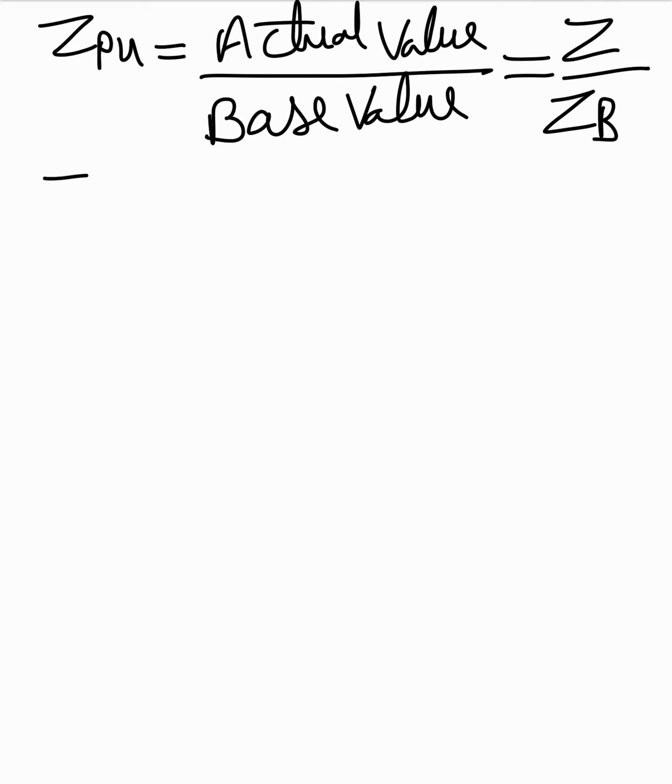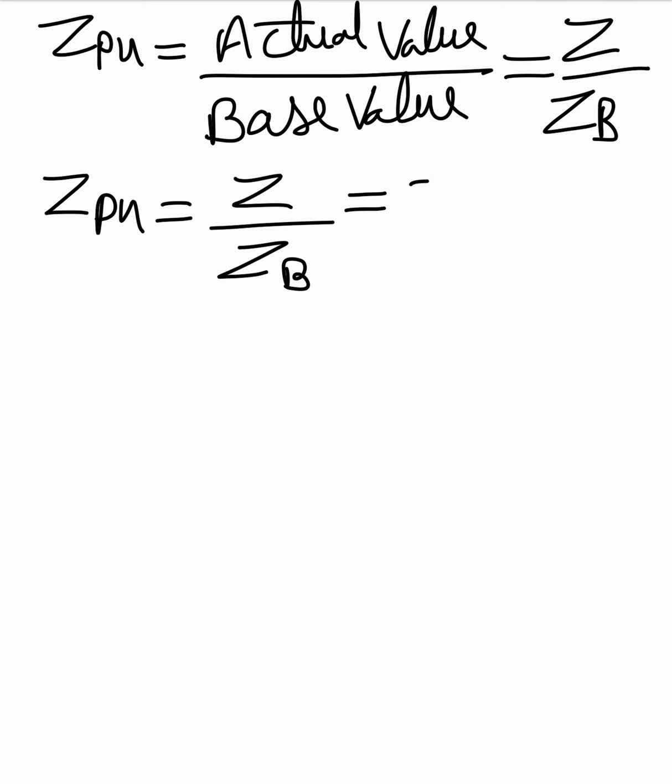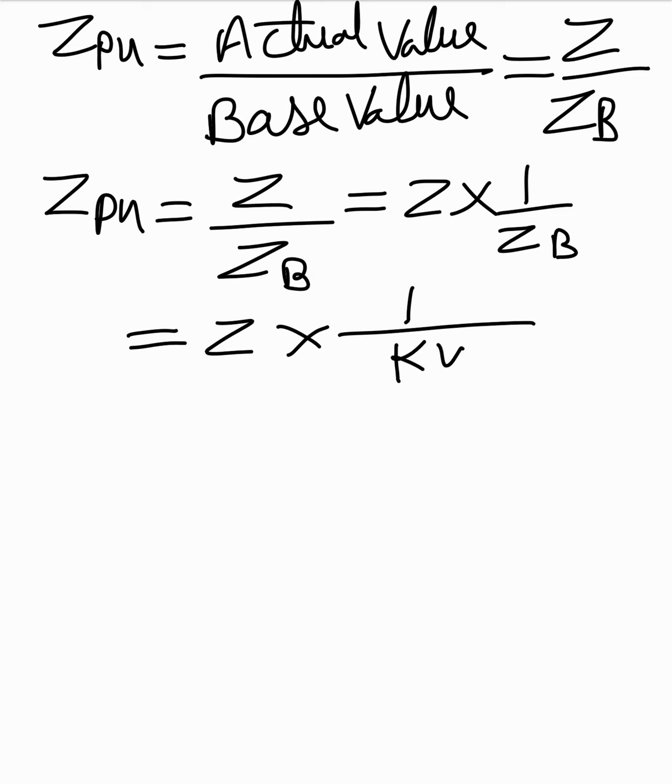And next, Z per unit is equal to Z upon ZB, so Z into 1 upon ZB, and we know that the value of ZB is KV base whole square upon MVA.